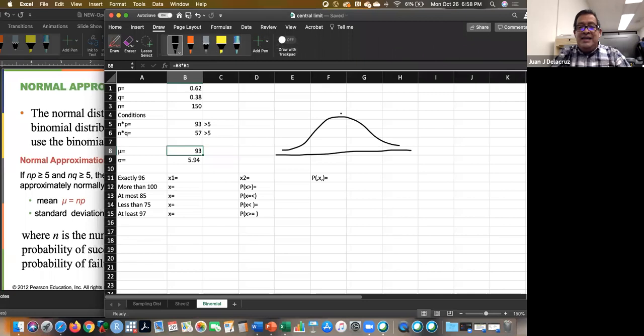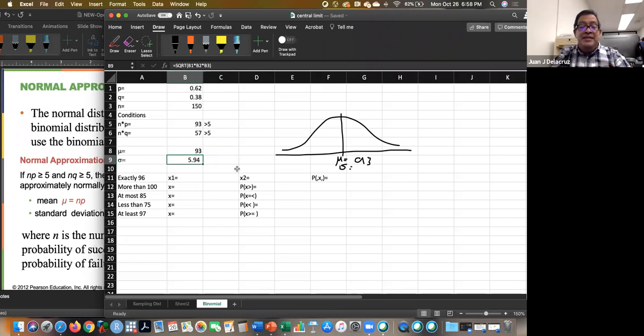In this case, I know that my mu is equal to how much? 93. My sigma is going to be equal to 5.94. Here, as you can see, I took the square root of n times p times q.